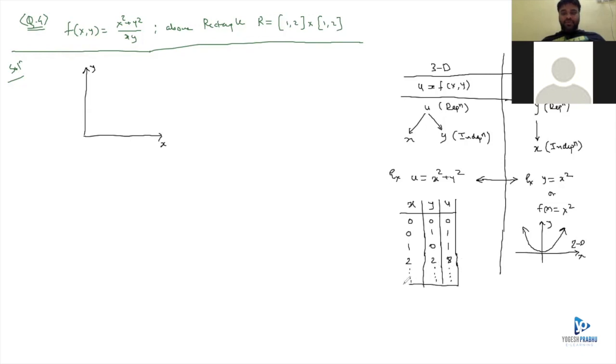Okay. Now I want to plot it. How will that be? I have this as X and this as Y. Now you tell me, where is 0, 0? Origin. And what is the value of u? Let's say this is u. U is 0, right? Where is 0, 1?